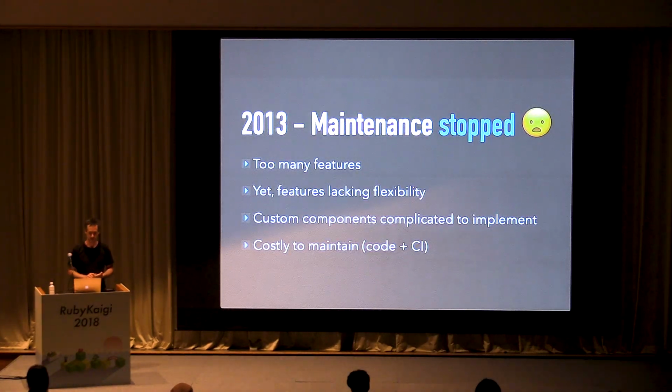So sadly, I was very sad that day, but I decided to stop the maintenance and to take a step back. The reasons were: too many features, but at the same time not composable together; features lacking flexibility, so if you needed something slightly different, it wouldn't work; it was tightly coupled to Active Record, and it was costly to maintain for me as a solo developer.